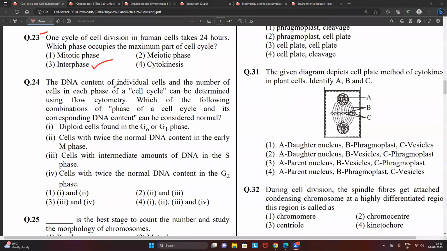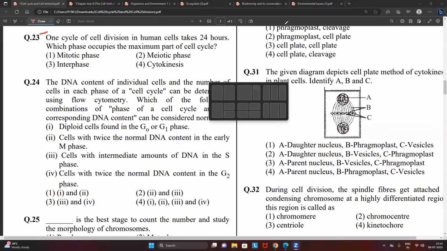The DNA content of individual cells and the number of cells in each phase of the cell cycle can be determined using flow cytometry. Which of the following combinations of a phase of the cell cycle and its corresponding DNA content can be considered as normal? See, friends, they're asking which is normal. Please think correctly and give me the answer.